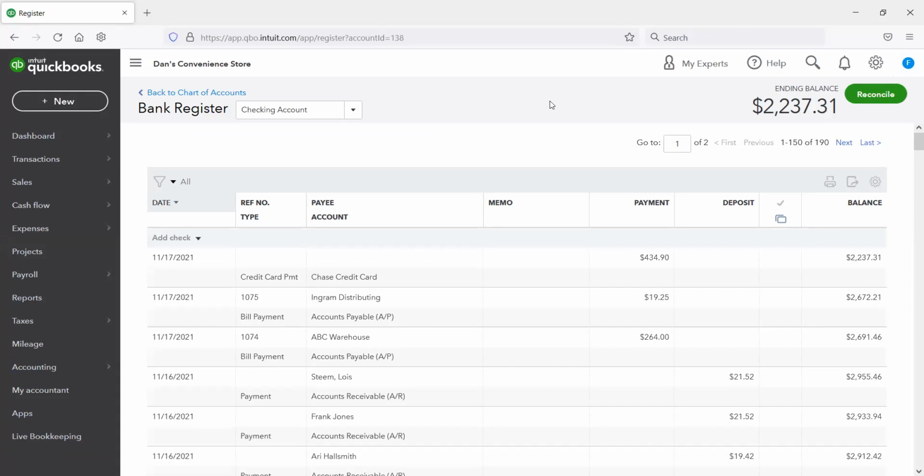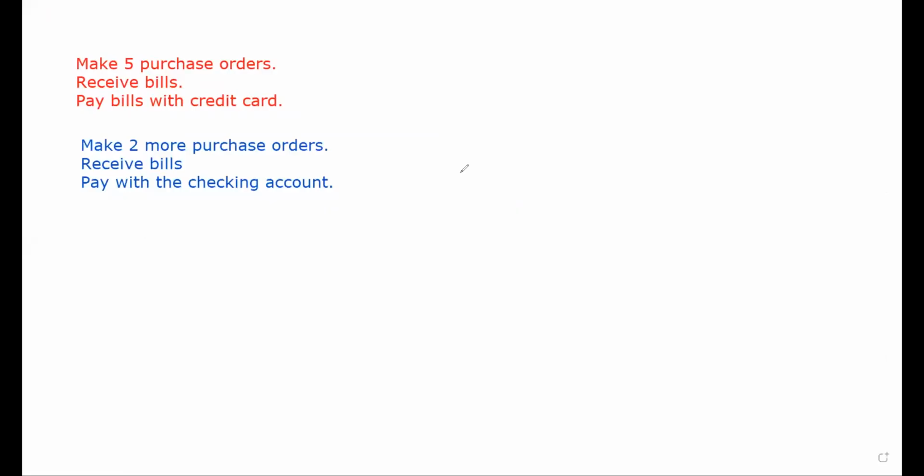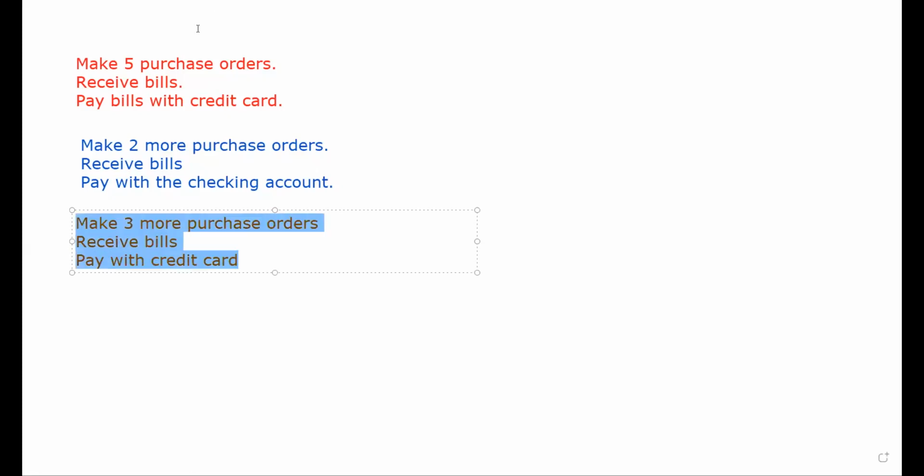But before we do that, let's spend some more money. Let's make 3 more purchase orders. Receive bills. Pay with credit card. So that way we'll have a few transactions.